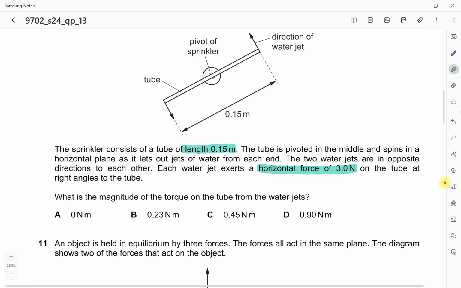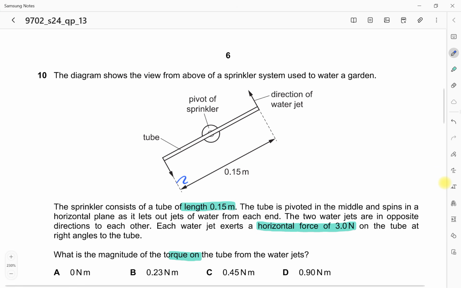What is the magnitude of the torque from the tube? I think these are causing an anticlockwise moment about the pivot. So the torque is the total moment, which is the product of one of the forces and the perpendicular distance between them, d.